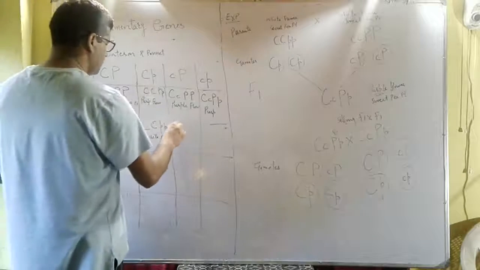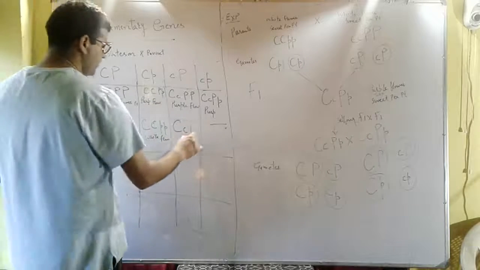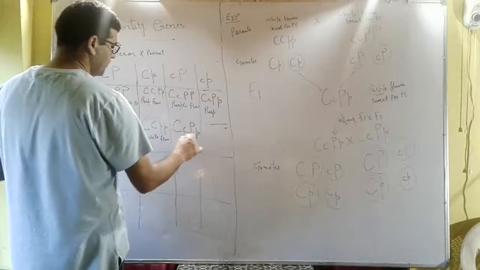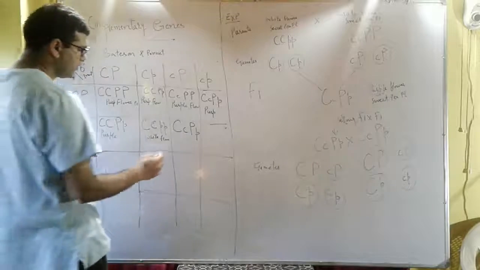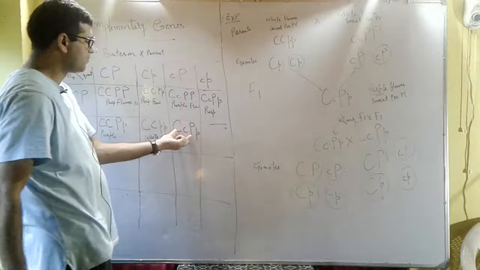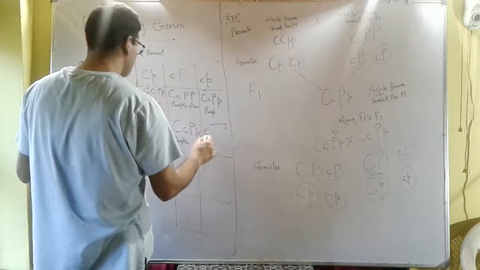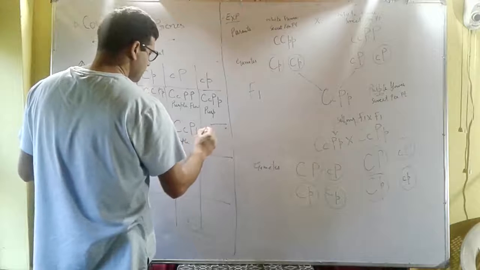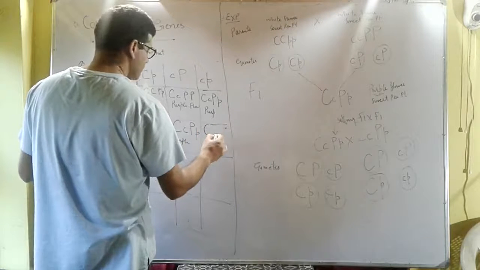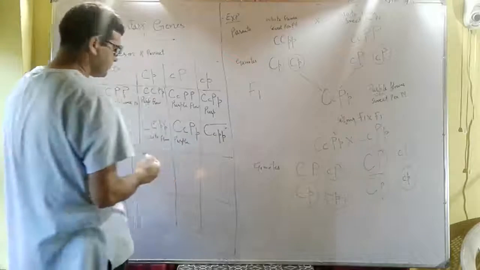Then we have capital C, small c, capital P and small p. This is also a purple flower sweet pea plant because dominant alleles of both the genes are present. Then we have capital C and small c, small p and small p.